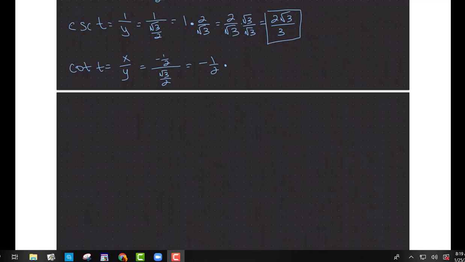So we're going to multiply by the reciprocal, which is going to give us what? -1 over the square root of 3. Can't leave that square root of 3 in the denominator. So multiply top and bottom by square root of 3. So we get negative square root of 3 over square root of 3 times square root of 3 is 9, which is 3. Weren't those fun?